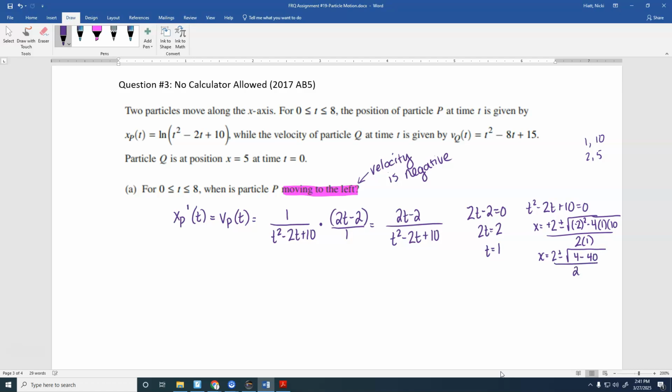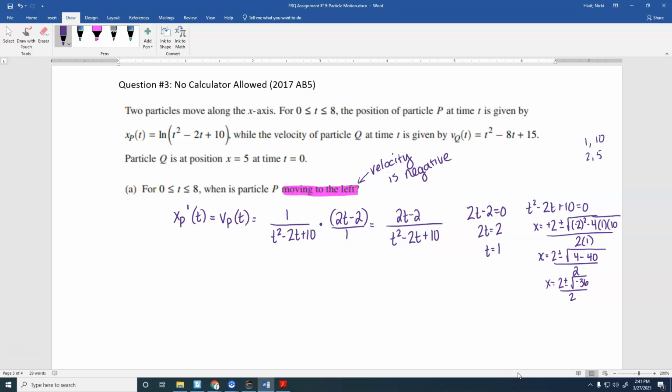Now what's 4 minus 40? Negative 36. And if I end up with a negative under the square root, what happens? I got a 6i. Is that a real point? It's imaginary.